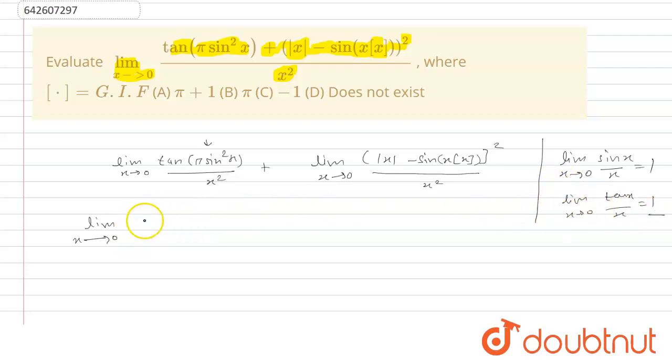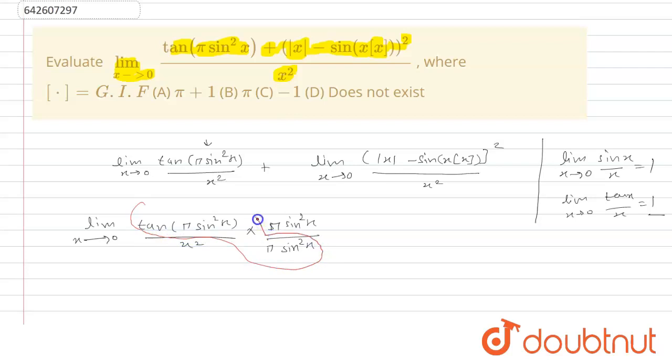So this will become tan(pi sin^2 x) upon pi sin^2 x, times pi sin^2 x upon x^2.